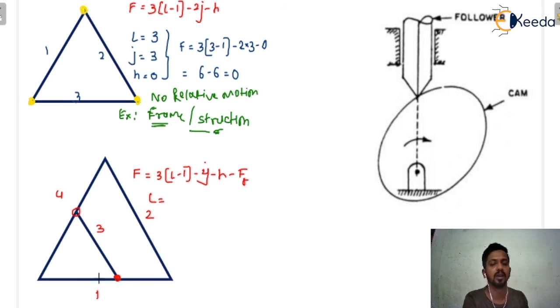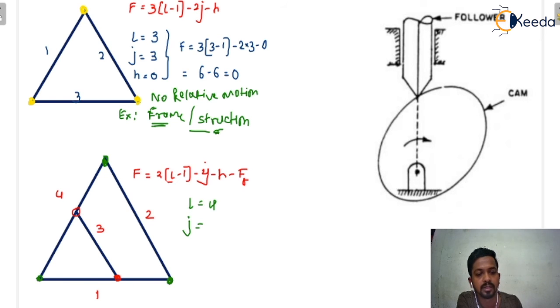Now see here, how many joints are there? First you need to write the number of links that we have calculated, that is 4, and how many binary joints are there. See here, that is 1 binary joint, 2 binary joints, 3 binary joints.